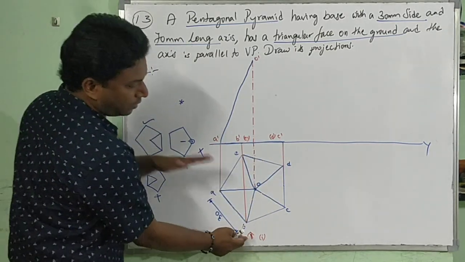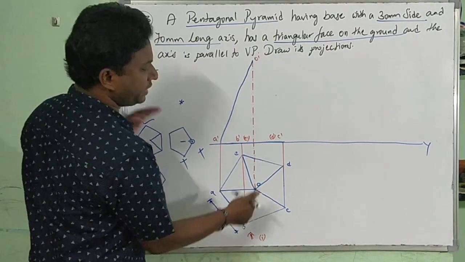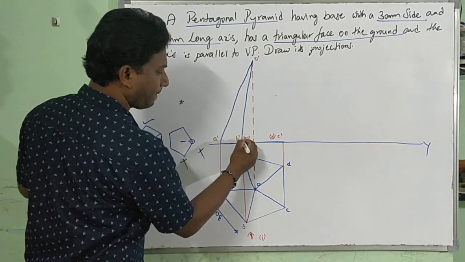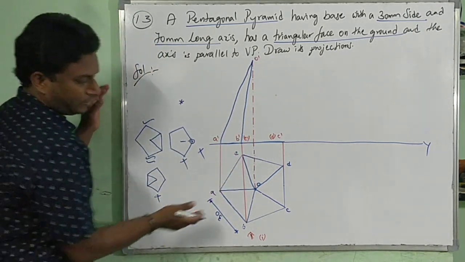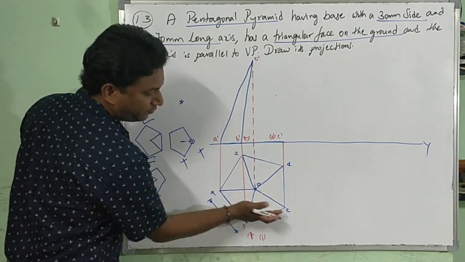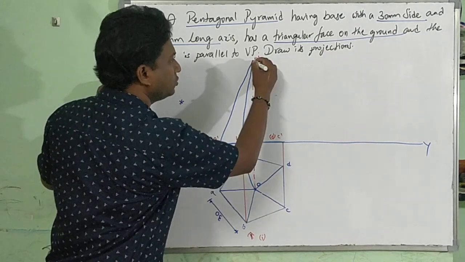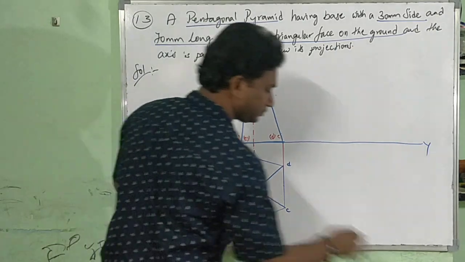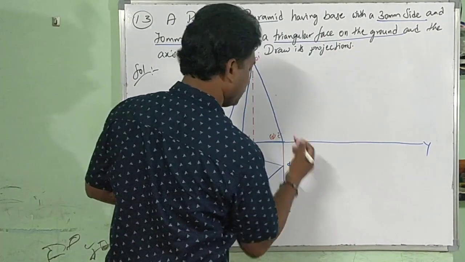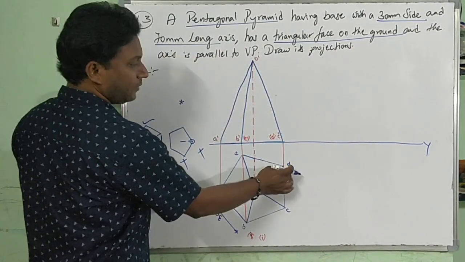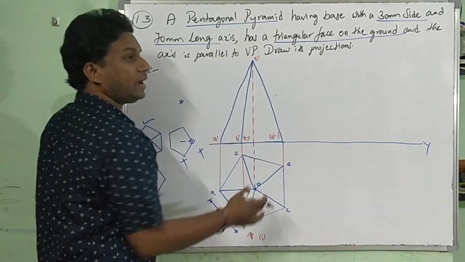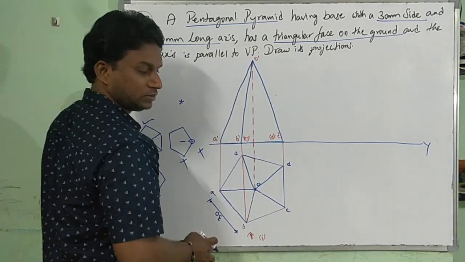Now with respect to the arrow mark, half below, OB is a thick line: O dash, B dash. With respect to this view, half below, C is also clearly visible. So O dash, C dash. How about D? It's exactly the backside of C, so that hidden part will be dominated by this.